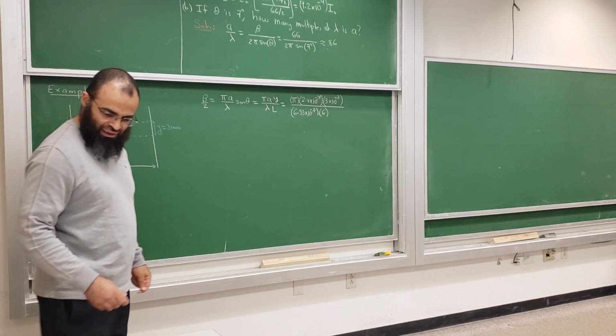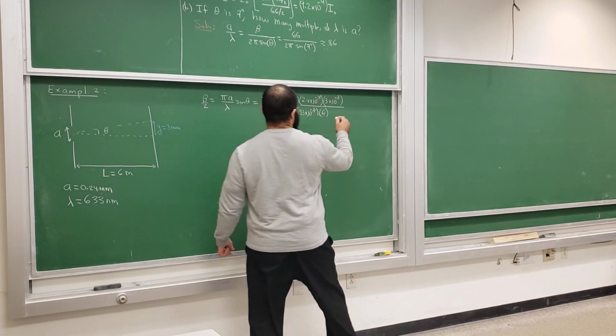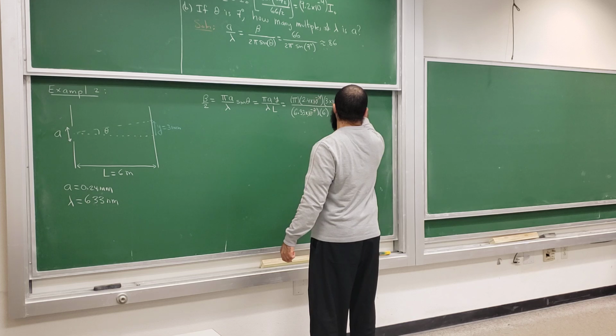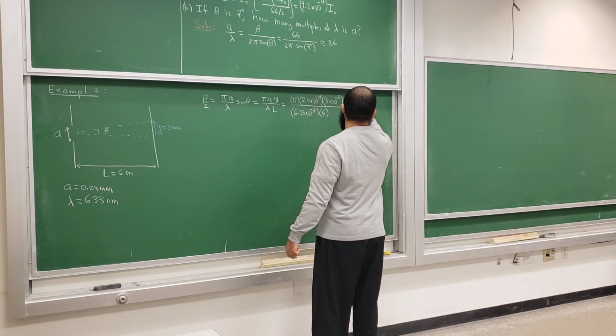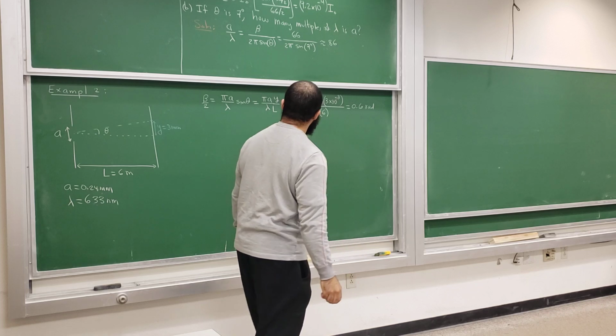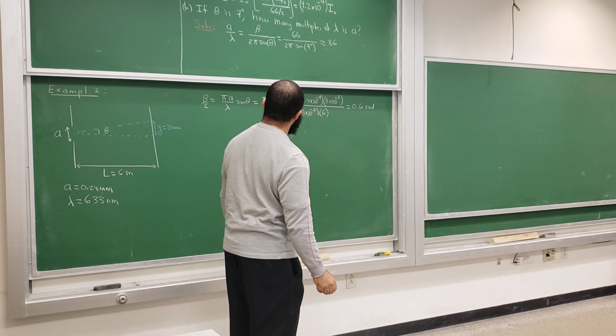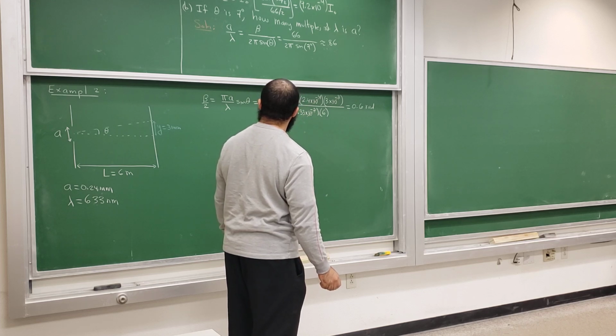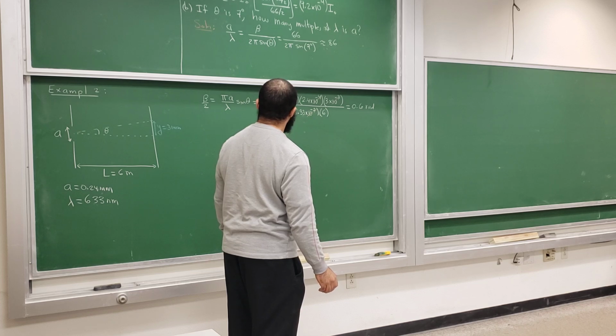So beta over 2 happens to be 0.6. Please tell me if I got that right. 0.6 radians, beta over 2. I'm still struggling to figure out why that's the case. Pi over 6 is like a half, so what am I missing? I got 59.55.